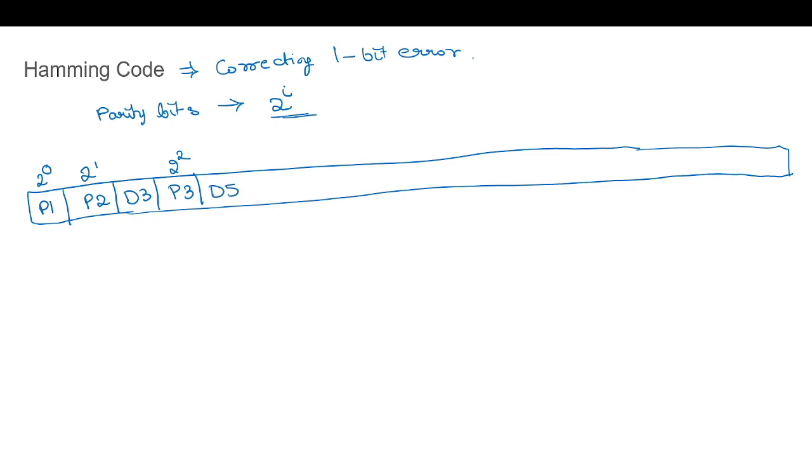Then data D5, D6, D7. Again position 8, 2 to the power 3, is parity. Then it can be data D9, D10, D11, 12, 13, 14, 15. Now 16 will be a parity bit.